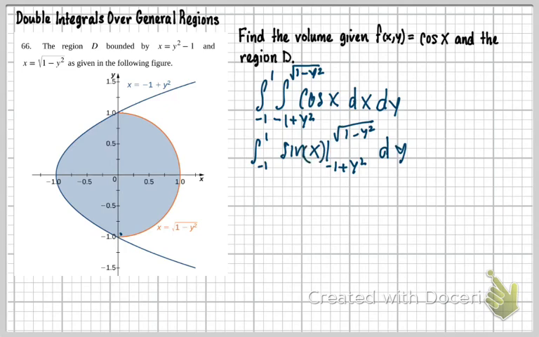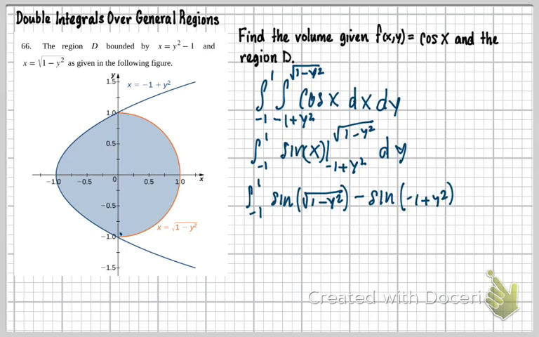So now we got to plug those values in, upper bound minus lower bound. This is going to be an integral from -1 to 1 of, not the sine of x anymore, excuse me, but the sine of the square root of 1 minus y squared minus the sine of -1 plus y squared.